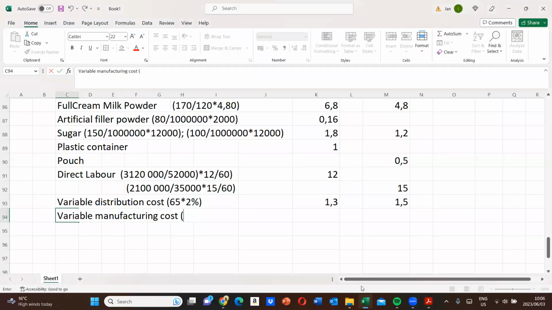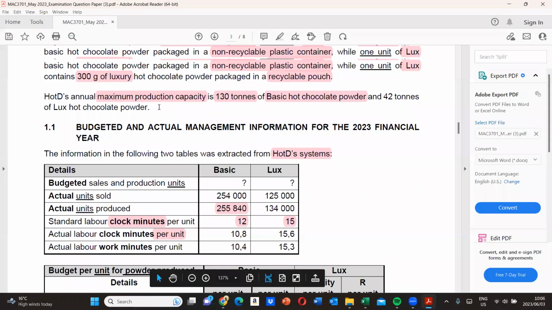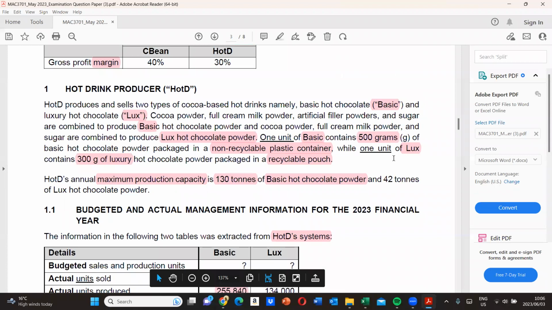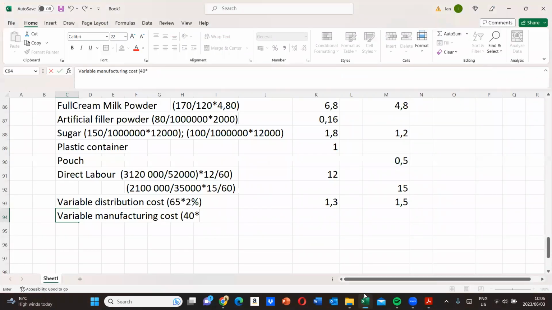Now, I want to determine how many units each product needs. This one needs 500 grams, the other one needs 300 grams. So we take 40 times 500 over 1,000, and then for the other one, we take 40 times 300 over 1,000.